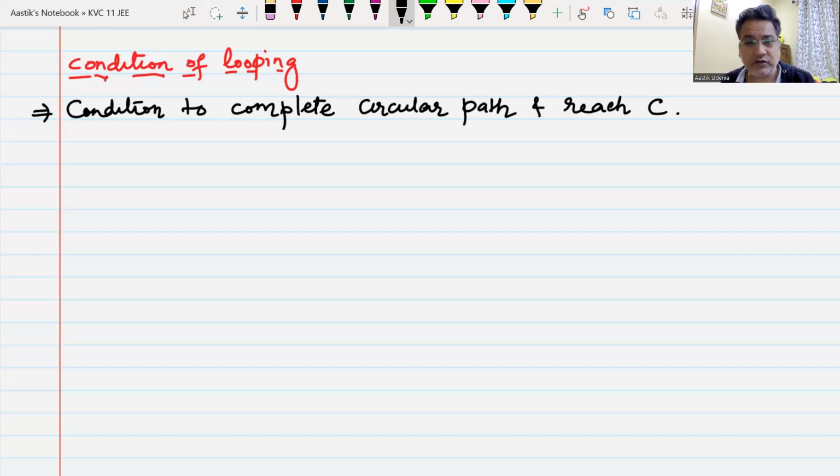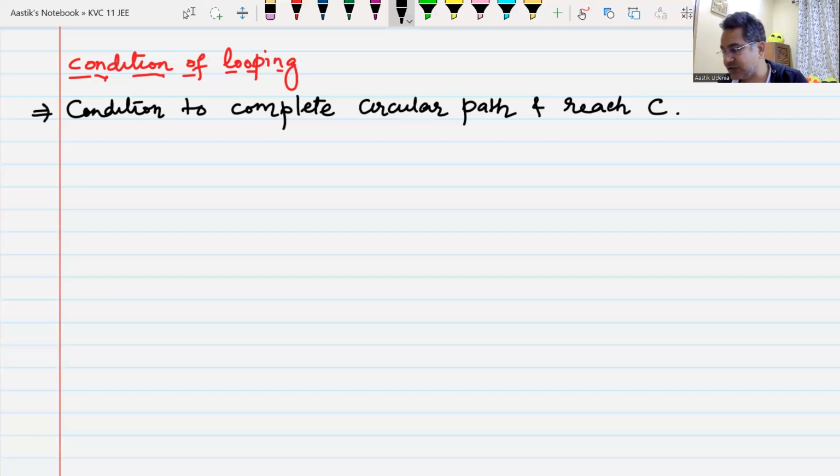Now, in this case of a body attached to a string, what is the condition of looping? If I have to complete the loop, what should be the condition so that this ball can go from the lowest point A to the highest point C?